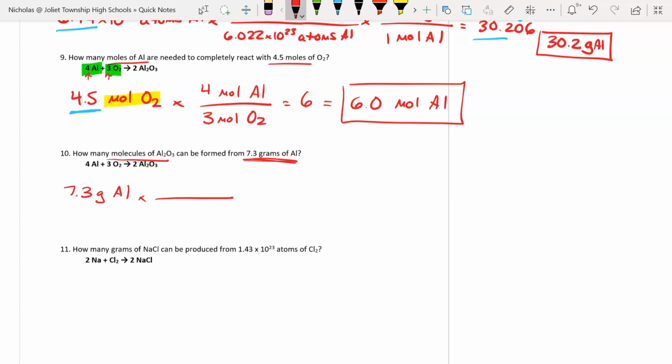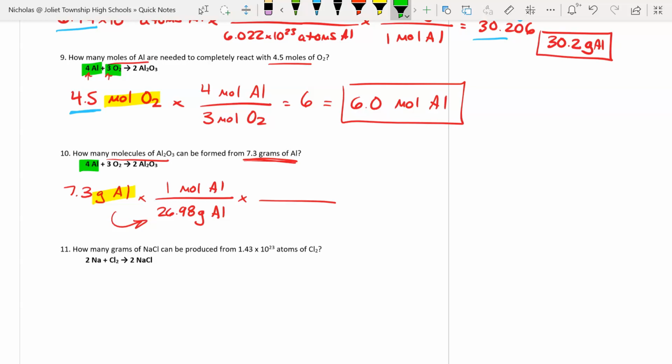So for aluminum, if you look that up on the periodic table, and again, we're given grams of aluminum, so the grams are going to need to go in the denominator. 26.98 grams of aluminum, and that's how many grams are in 1 mole of aluminum. Next, we're going to go ahead and do our mole ratio.